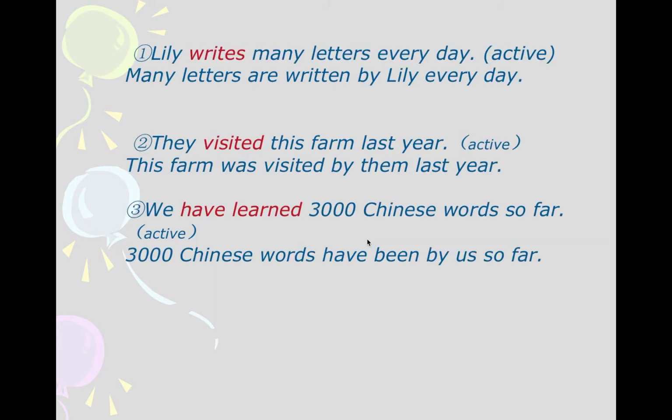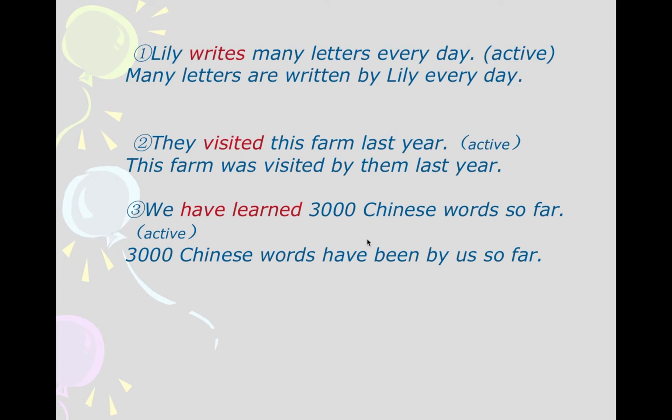Okay, here's an example. Maybe you don't know what an executor is, but let's see this first sentence. Lily writes many letters every day. This is active voice. It's a very normal sentence that we all know. In this sentence, Lily is the executor.